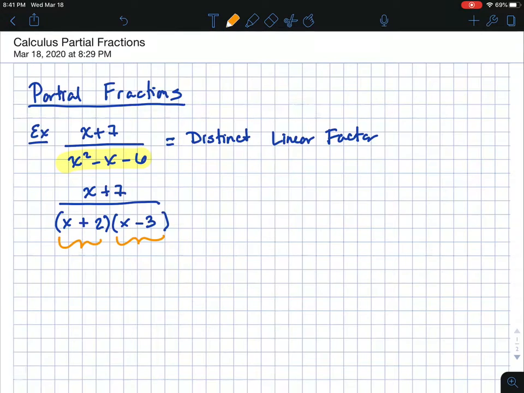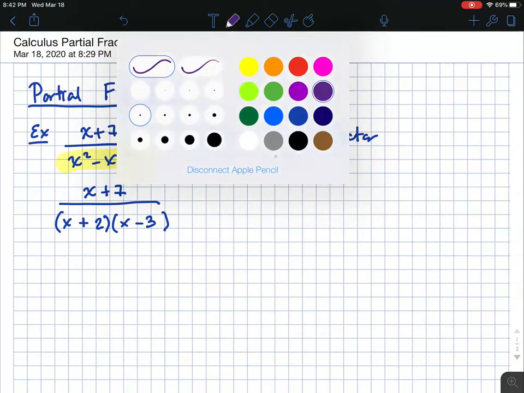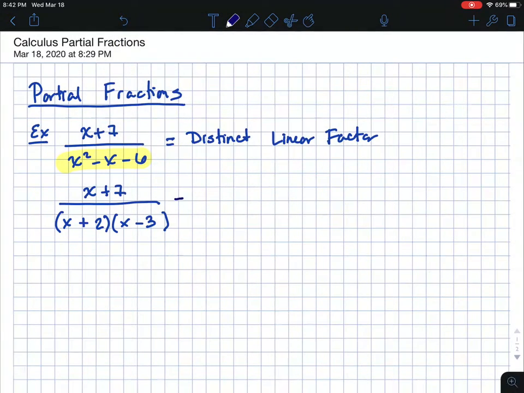How we break this up into a sum, we're going to write it like this. We are going to take the first factor. It doesn't matter which one's first, x plus 2 or x minus 3.